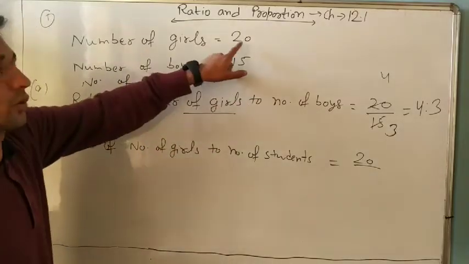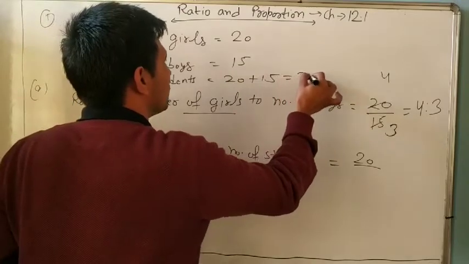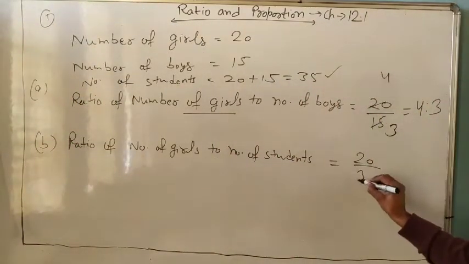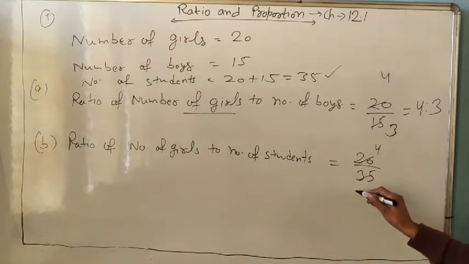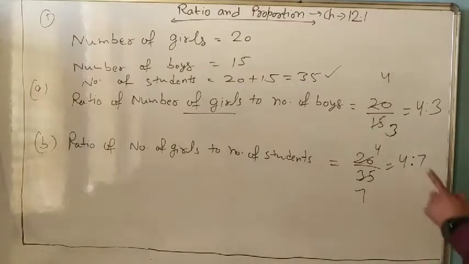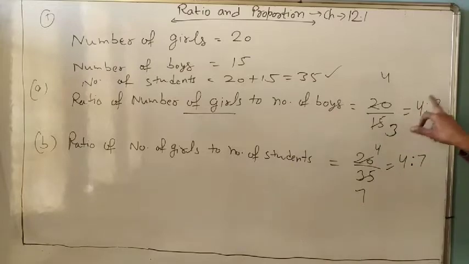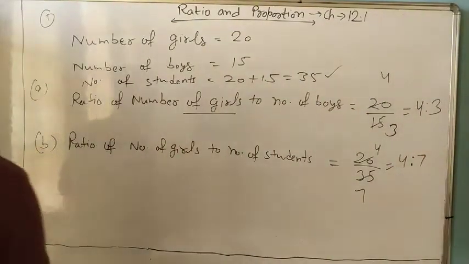Total students how much? 20 are girls, 15 are boys. So total 20 plus 15 how much? 35. So total students is 35. So 5 fours are 20, 5 sevens are 35, ratio 4:7. 4 ratio 7 means if there are 4 girls, then how many students? 7. And here if 4 girls, then how many boys? 3. So it was first question.